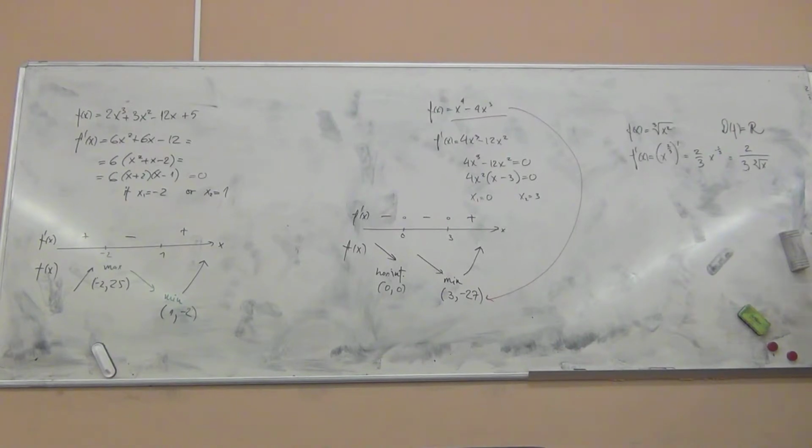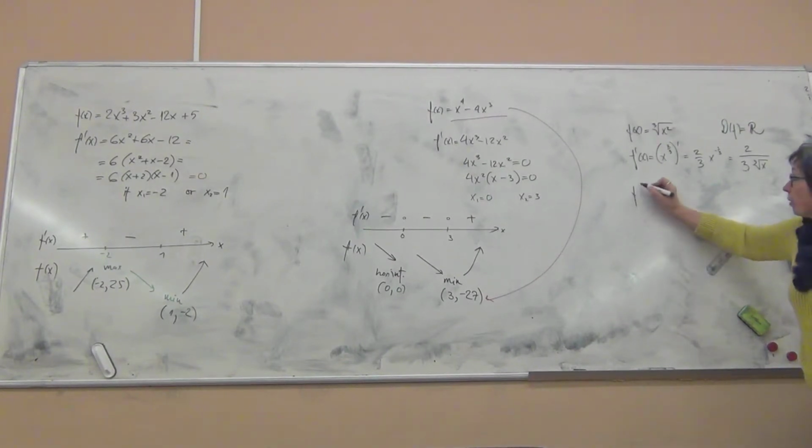Now for this we see, this derivative is not defined when x is 0. The function is defined for all the values of x, for all the real numbers. The derivative, we cannot divide by 0, forget the limits. We cannot divide by 0, so the derivative is not defined when x equals 0.